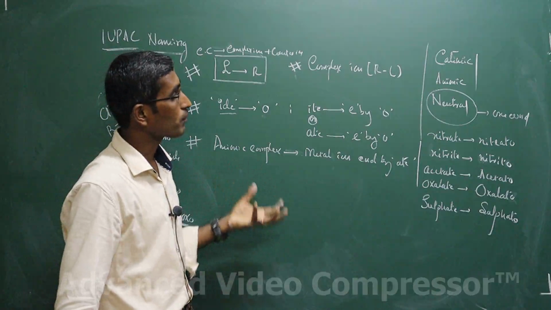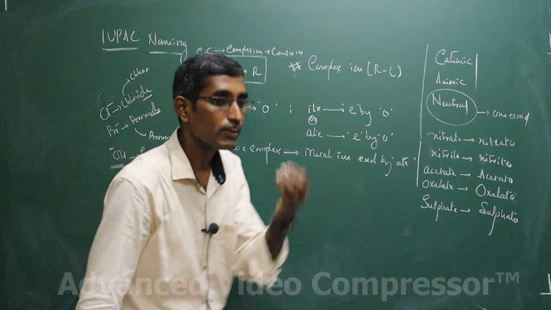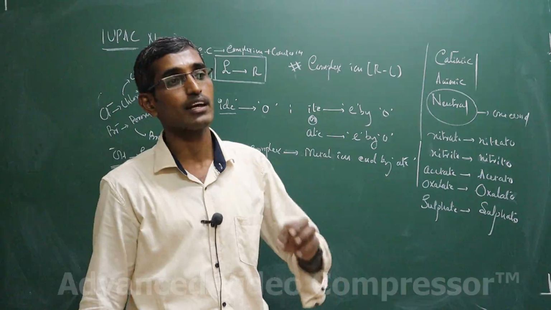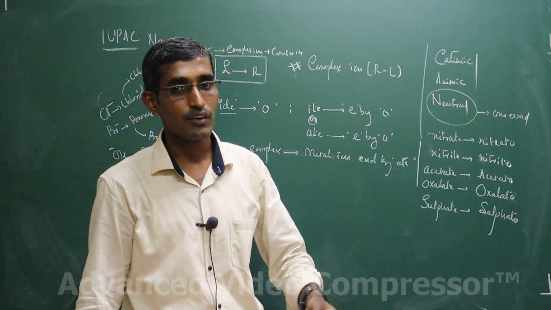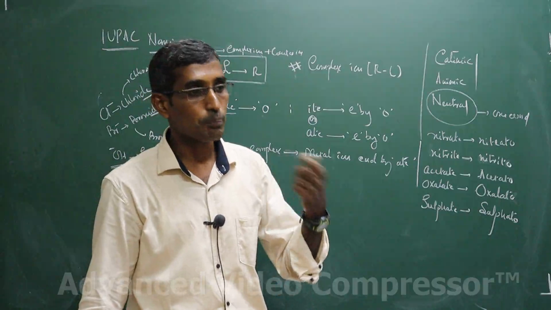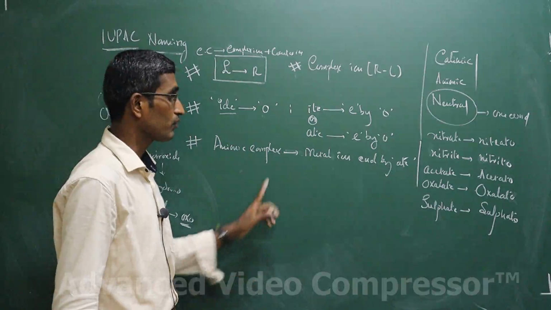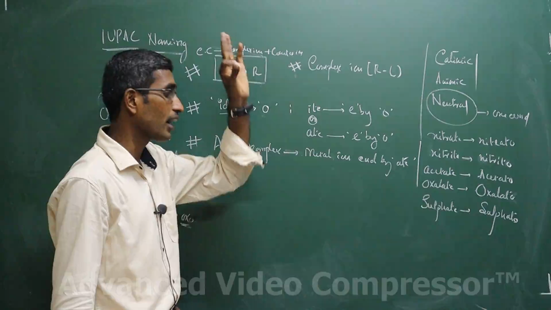If it is a complex containing nickel, you write nickel as such if it is a cationic complex. If it is an anionic complex, you write nickelate, cobaltate, manganate. Got it, right? That is cuprate, zincate, and so on. Very simple. If it is an anionic complex, the metal ends with ATE; if it is a cationic complex, keep it as such.